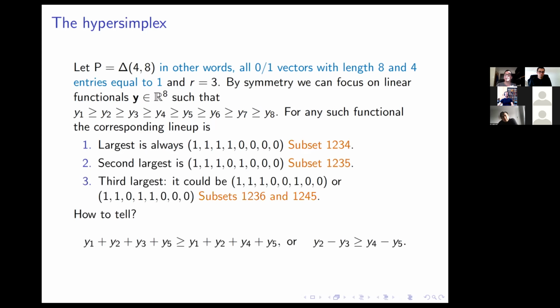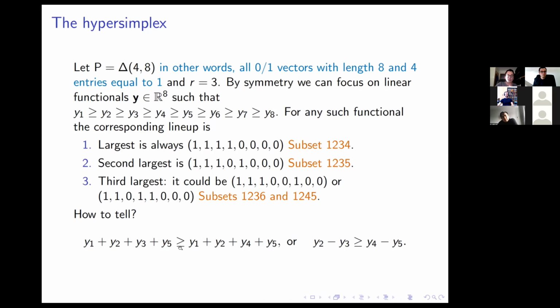And then the third largest one, now it depends. The fact that these entries are decreasing will imply that the next one could be something like 1,2,3,6 or 1,2,4,5. It's not clear which one it has to be. It depends on a linear condition. Literally, it depends on whether the dot product with this one or the dot product with this one is larger. The dot product of y with the first one is y1, y2, y3, y6.